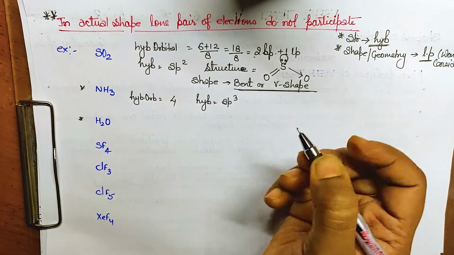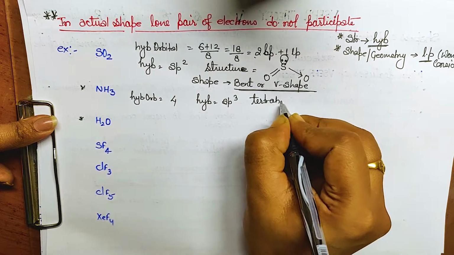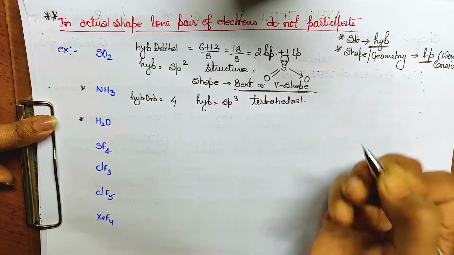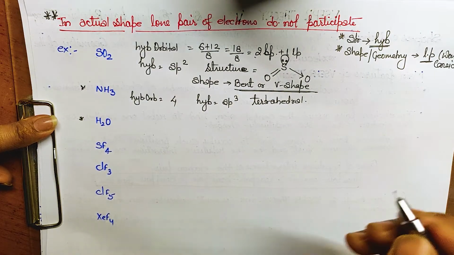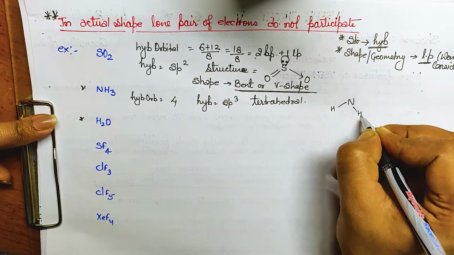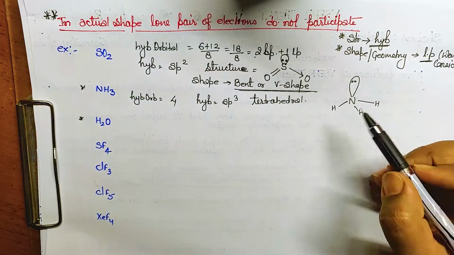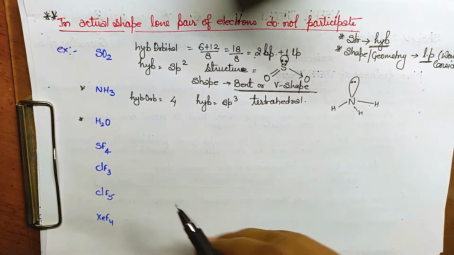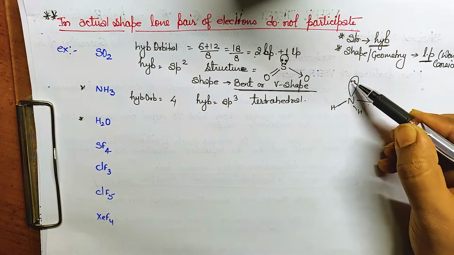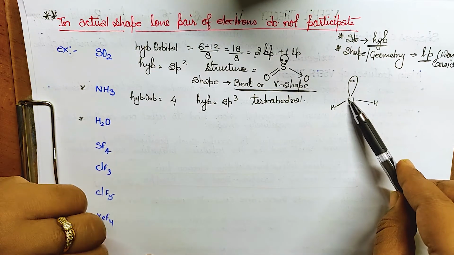And sp3 means tetrahedral. The structure will be tetrahedral. And if we draw the tetrahedral structure, it will be like this. N, here it is H, here it is H, H, and this is the lone pair. Okay. So see, these are in the same plane. This bond, this and this, same bond, same plane. And this one is a little above, like this. Okay.